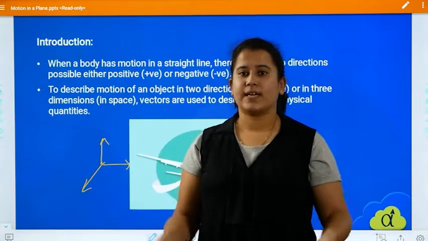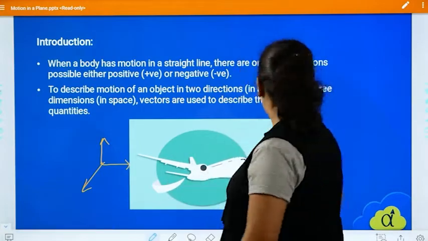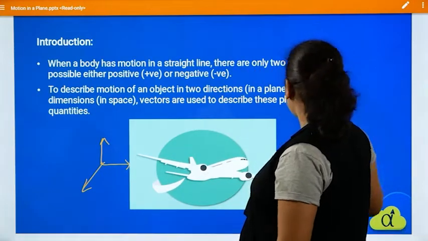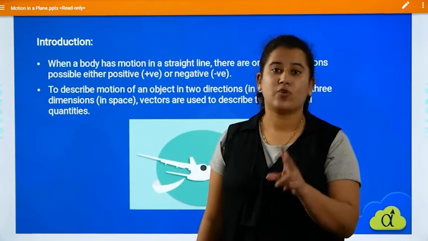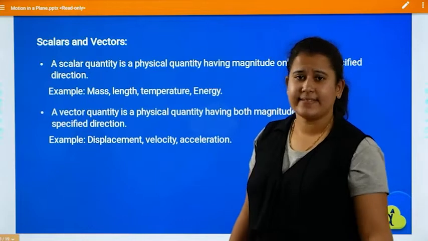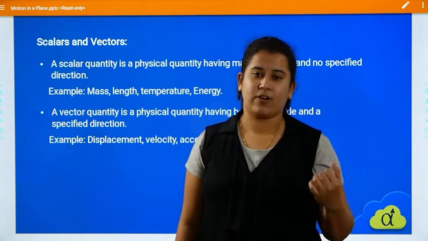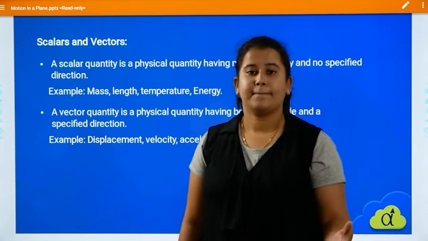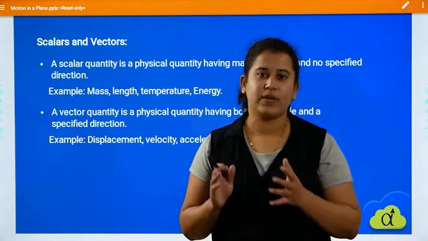So all the coordinates will be involved in that. Understood? Now we are only concerned about motion in a plane when two coordinates are involved, that is x and y, or x and z. So if we have to study motion in a plane, or whenever a body is moving in a plane, then vectors are involved because vectors come into existence.